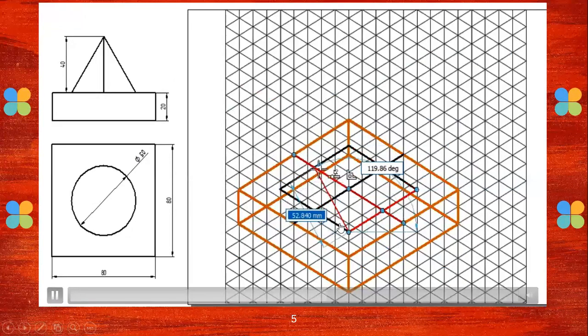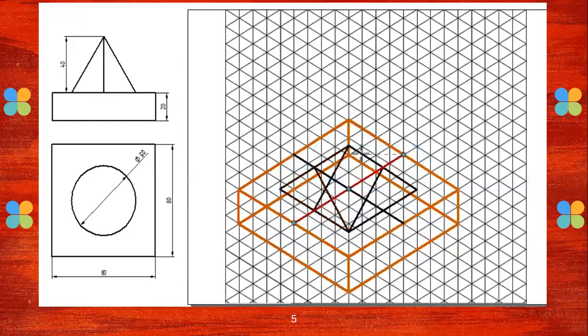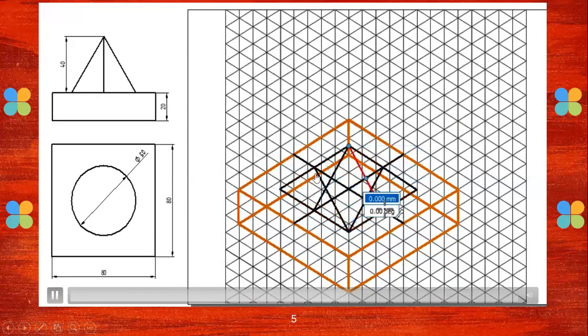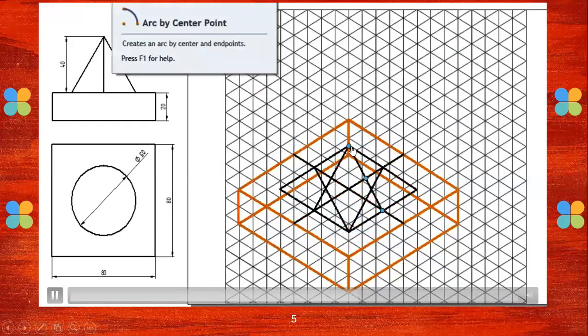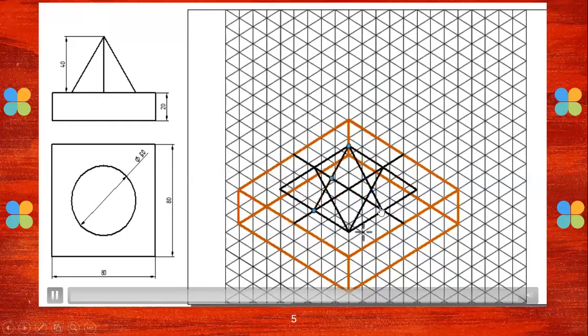So you need to draw the circle, or the ellipse. From any one of the corners, draw a line to the midpoint of the opposite edge. From here to the midpoint of the opposite edge, again from the other corner, follow the same procedure. Measure the distance from this corner to the midpoint and draw an arc. Keep your compass at this position.